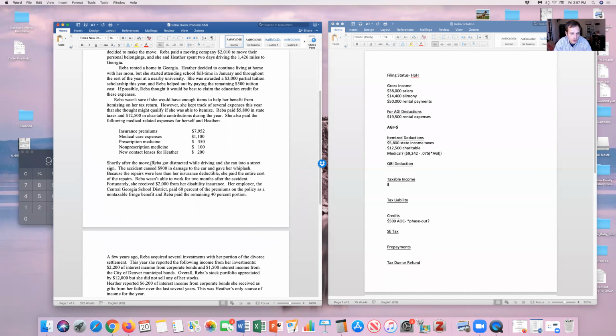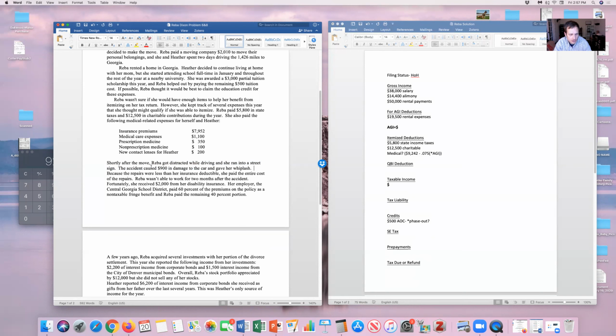Shortly after the move, Reba got distracted while driving and ran into a street sign. The accident caused $900 in damage to the car and gave her whiplash. The repairs were less than her insurance deductible. She paid the entire cost of the repairs. She had no insurance. She wasn't able to work for 2 months after the accident.